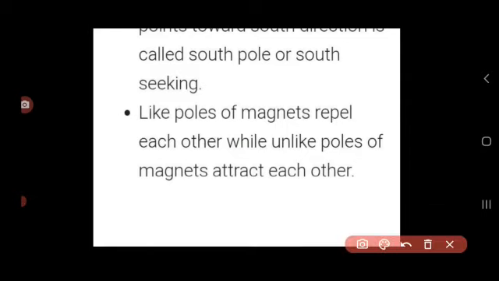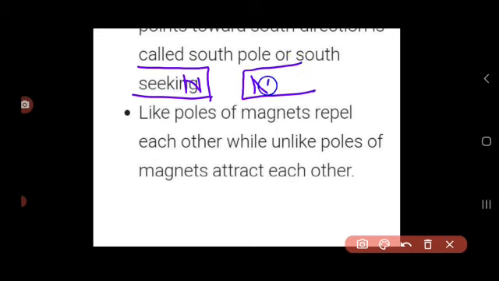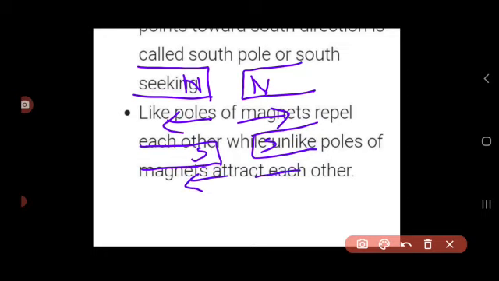But if you bring the north pole of one magnet near the south pole of another magnet, you will see attraction between them. That means like poles repel each other and opposite poles attract each other. This is another property of magnet.